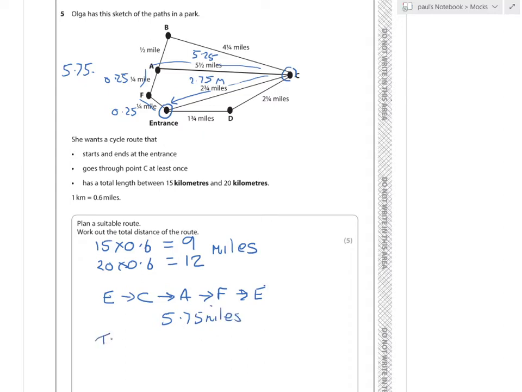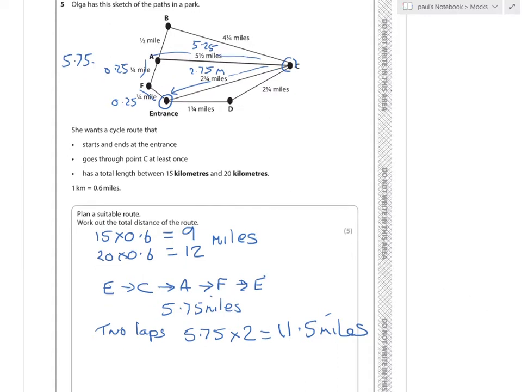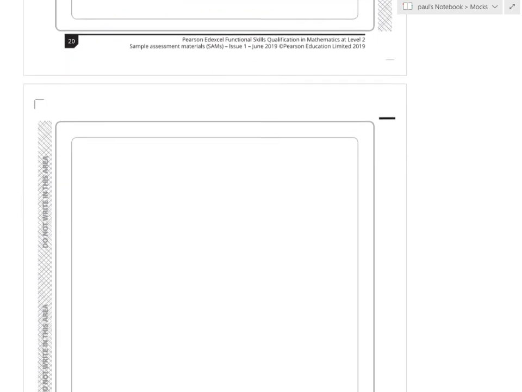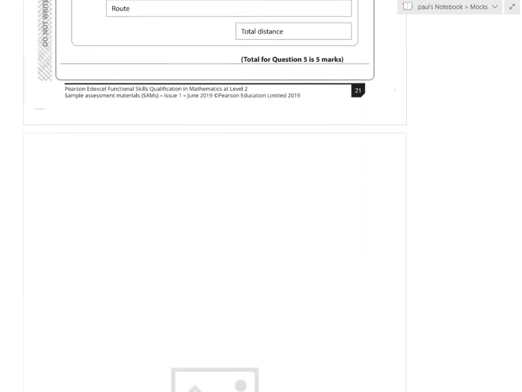So I had 2 laps, which is 5.75 times 2, which is 11.5 miles. So we do that. Could have gone E, C, B, A, F, E, and then round again. At least there were no times tables involved in that one.